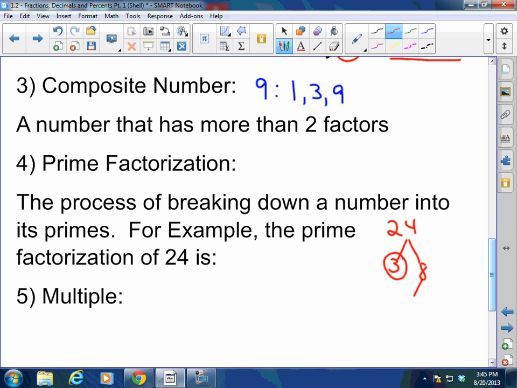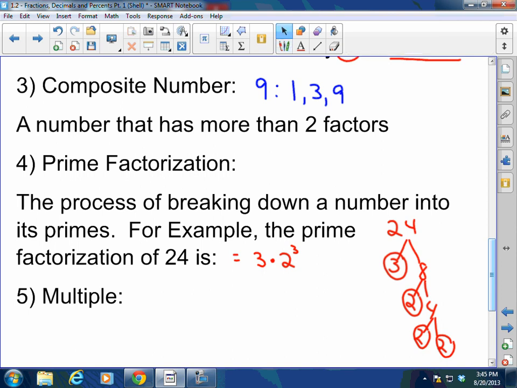I'm done with that. 8 breaks down into 2 times 4, and I'm going to circle 2 because that's prime. I'm done with that. And then 4 breaks up into 2 and 2. So there you go. 3 times 2 times 2 times 2 is 24. So the prime factorization of 24 equals 3 times 2 to the 3rd power, because there were 3 twos being multiplied.